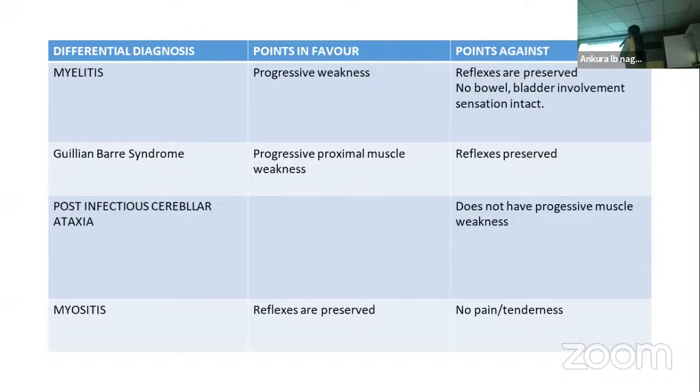It could not be GBS because reflexes are preserved, but points favoring GBS are proximal muscle weakness. In post-infectious cerebellar ataxia, we do not have progressive muscle weakness. Myositis: still, there's no pain and tenderness.